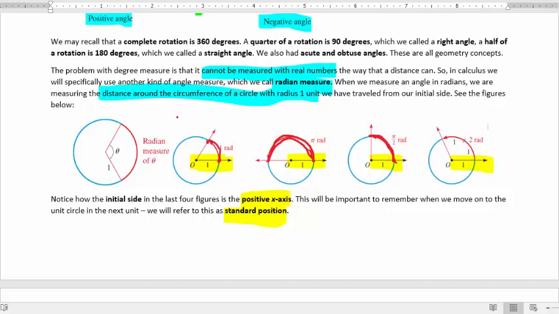The reason for that is that the formula for the circumference of a circle was C equals 2 pi r. So if r equals 1, the circumference is just going to be 2 pi. So once around that unit circle is 2 pi radians, which is equal to 360 degrees.